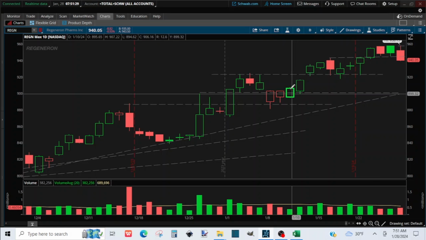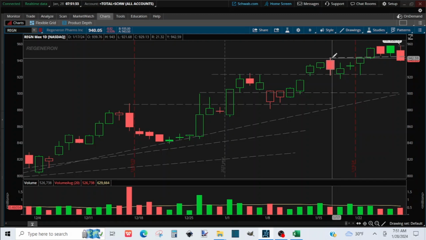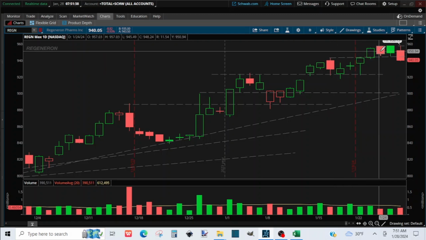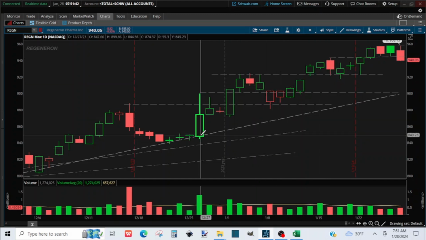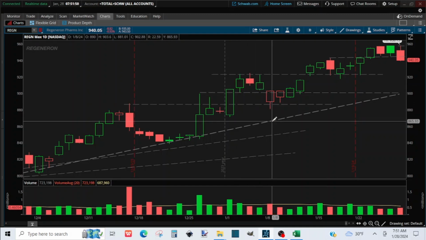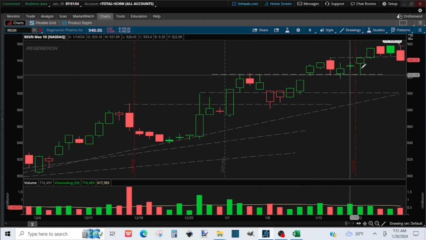At this point there were so many resistance lines that it reached while it was away from the trend line. Let me see here, this is when it was on the trend line, and then it continued without really getting lowest close to the trend line, but little by little it is working toward the trend line.